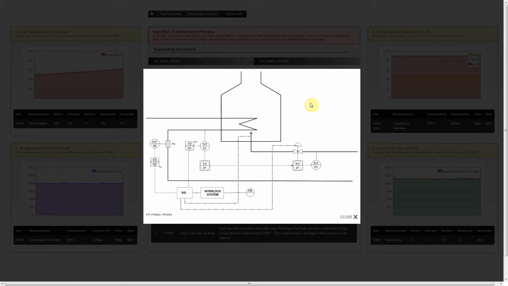We also want the operators and engineers to be empowered with the right information presented at the right time, so that they can have justification for the decisions they make on the plant. We want them to be able to back up their reasoning, or show confidently the reasoning behind making certain decisions.